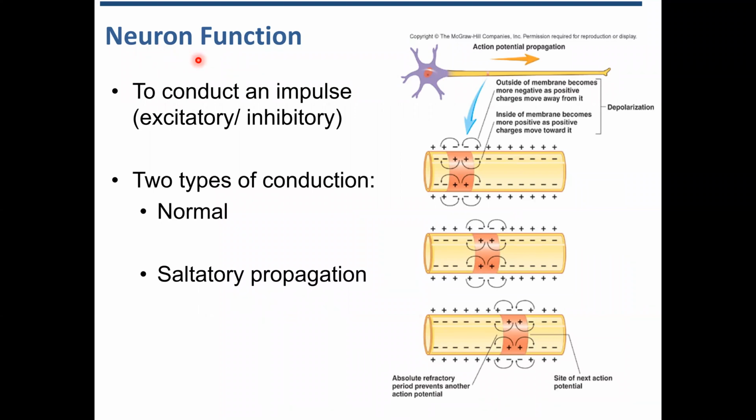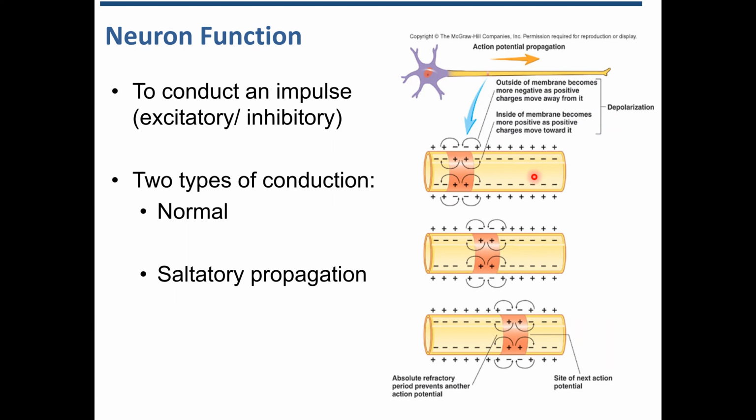Now, neuron function. So here we see neuron, right? Cell body, dendrites, and axon. If you're looking at a part of the axon, here we make this part bigger, you see there is a separation of charges, negative charges inside and positive charges outside. So this cell is like a little battery, right?